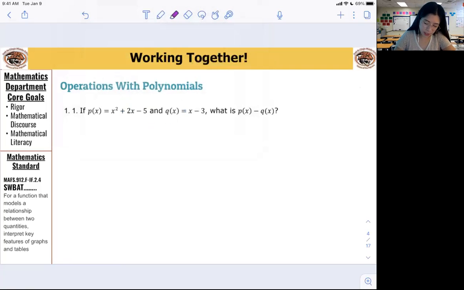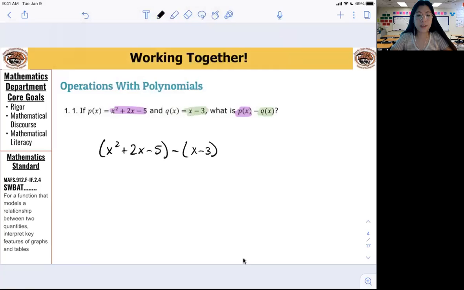So this question makes it look hard because we've got P of x and Q of x, and those always look confusing, but it's just telling you to take P of x and subtract Q of x. So there's P of x, there's Q of x. I'm just subtracting. So x squared plus 2x minus 5 minus x minus 3.